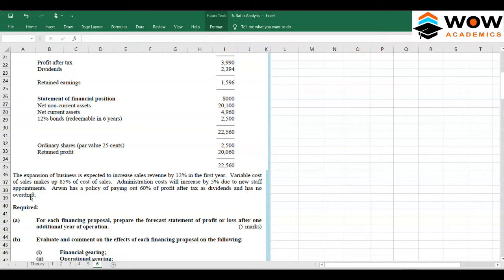So there's no overdraft here. Sales is going to increase after the expansion by 12%. Variable cost is 85%, so that also will increase by that 12%. Administration cost will increase by 5%, and dividend will be paid at 60% of the profit after tax. So that's the concept here.